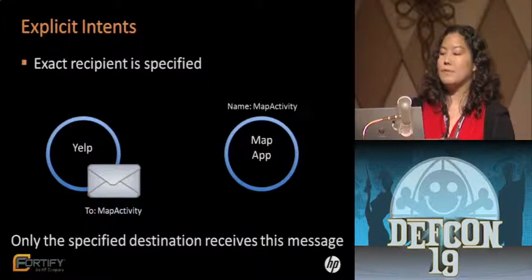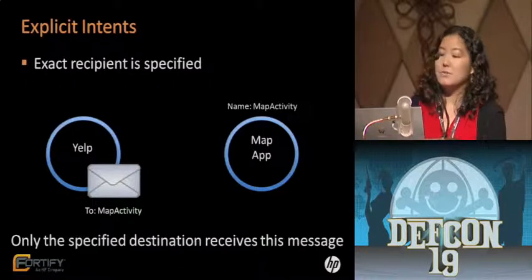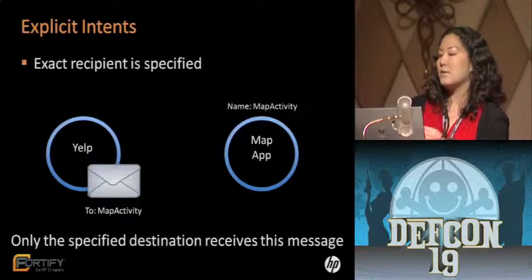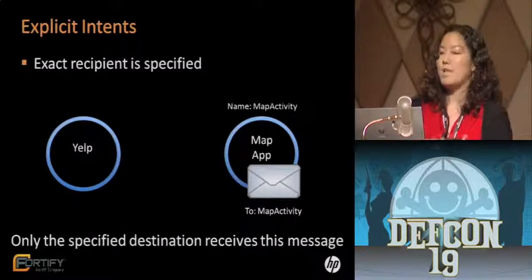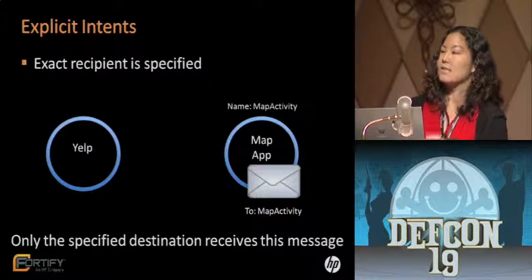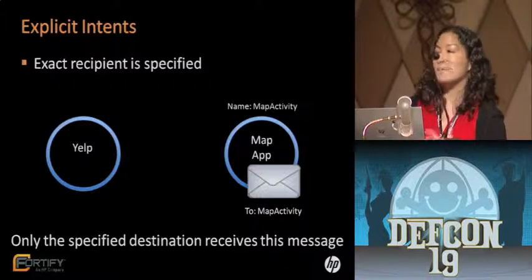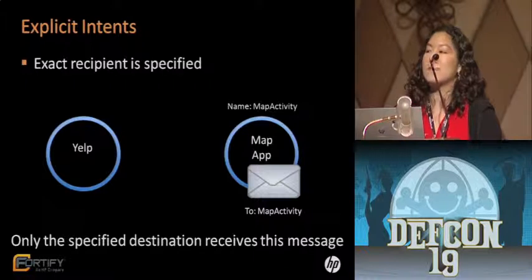Suppose the Yelp application had a particular map application that they wanted to use. To do this, Yelp simply creates an explicit intent addressed to that particular map application, and then sending the intent will launch that map application. It's important to note that only the specified destination will receive this message.